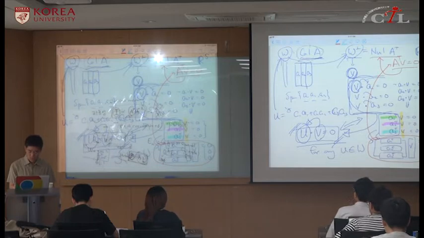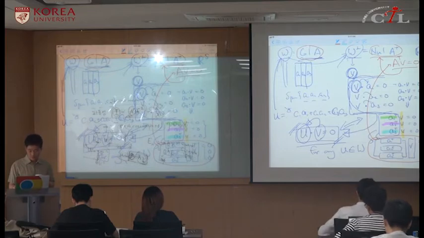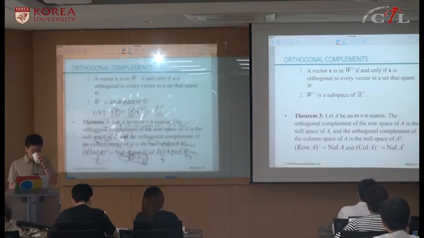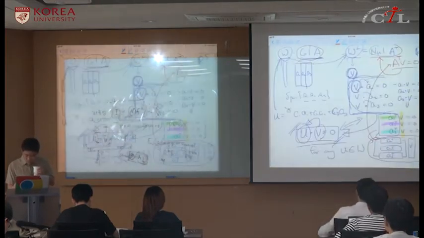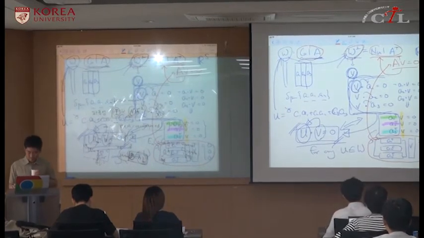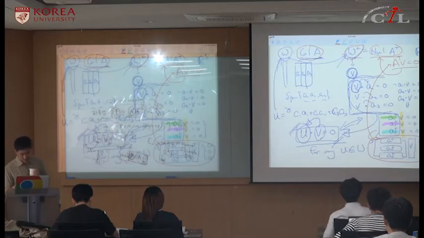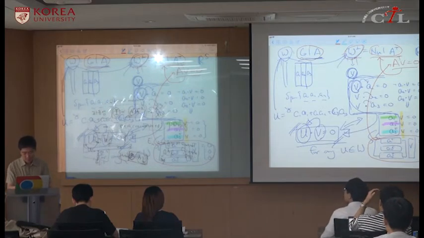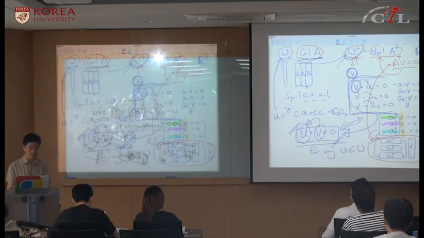So that way, the orthogonal complement of the column space of A is the null space of A transpose. And this W perpendicular is also a subspace, which means it is spanned by some vectors, so we can find the basis vectors.